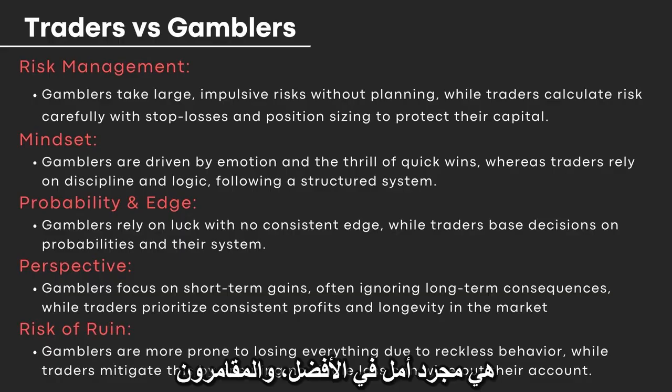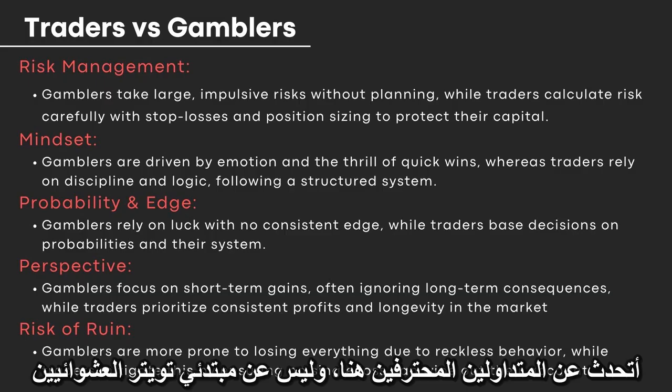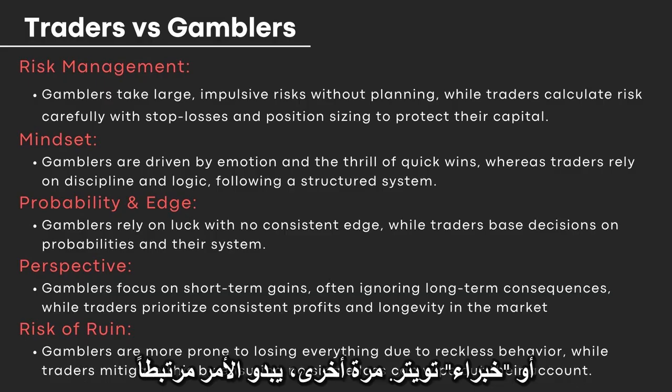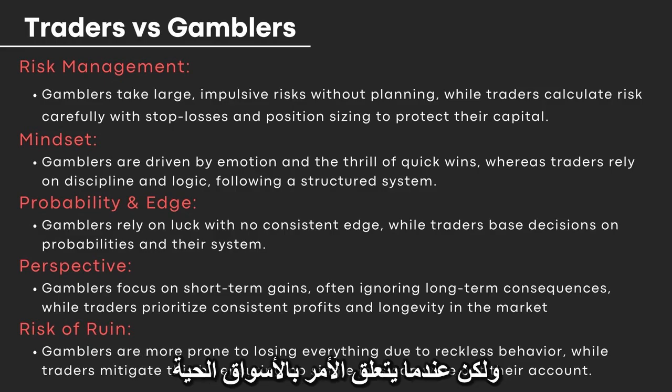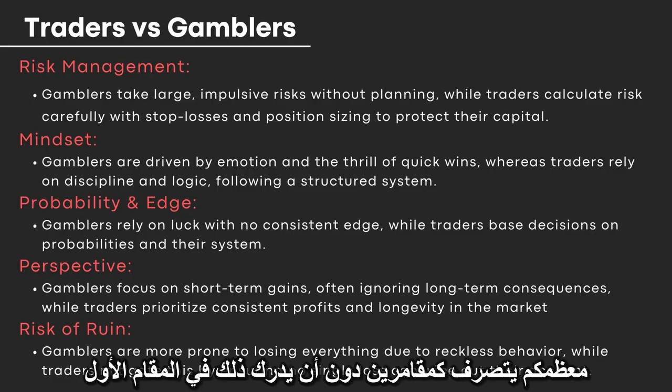Gamblers use what's called the hope strategy, where they hope and wait for luck, but we know that luck and hope is not a strategy at all. And remember, I'm talking about professional traders here, not random beginner traders or Twitter gurus. Again, it sounds relatable, but when it comes to live markets, most of you act like gamblers without even realizing it in the first place.